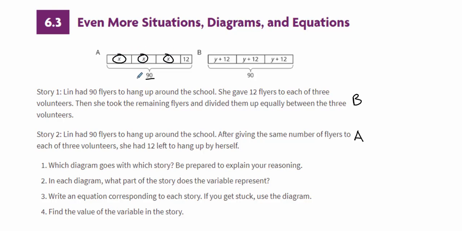We don't know how many she gave, right? She had 12 left to hang up by herself. So this must represent the 12 that she had to hang up by herself. So it looks like story 2 would go with A, and story 1 would go with B.